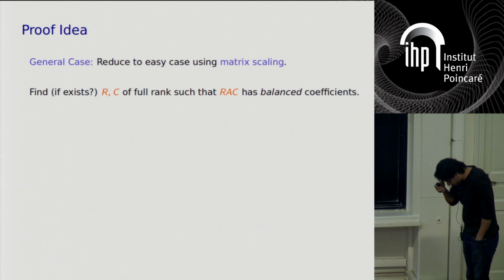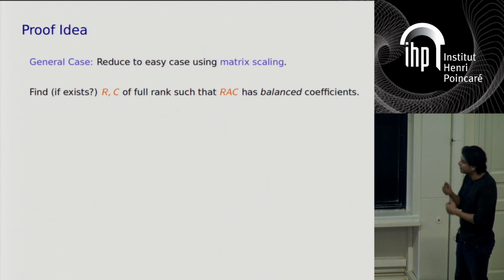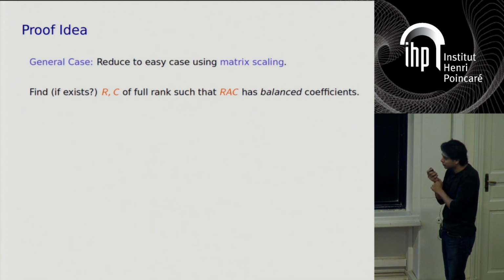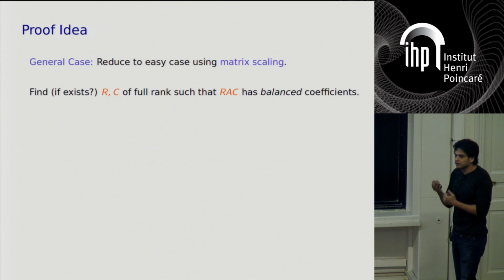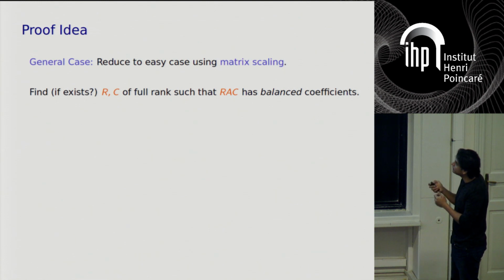For the general case, we try to reduce it to the easy case. Here's what I'm going to try to do: I'm going to find R and C of full rank such that the product RAC has roughly balanced coefficients. If I can do that, then things should be nice, and I'm back to my easy case.